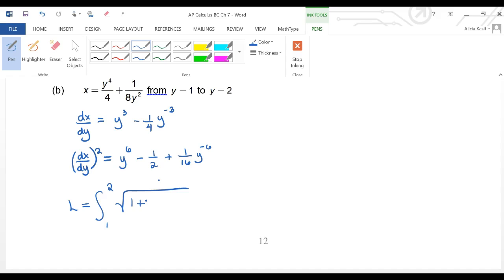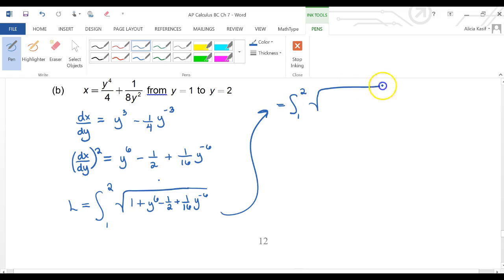Oh, and if we combine this, that's just... so this one is actually a perfect square.